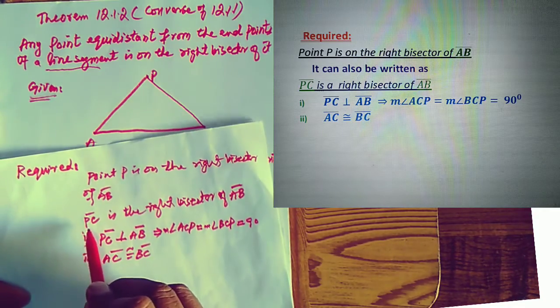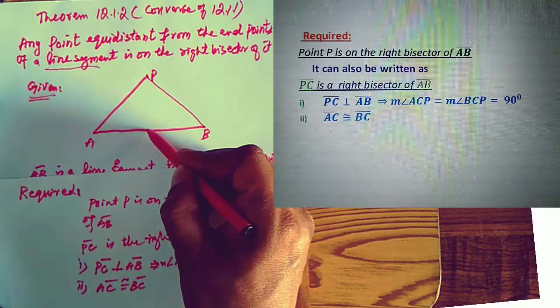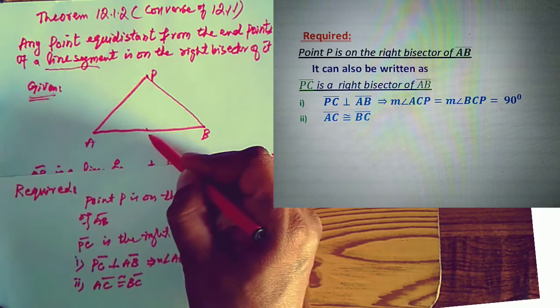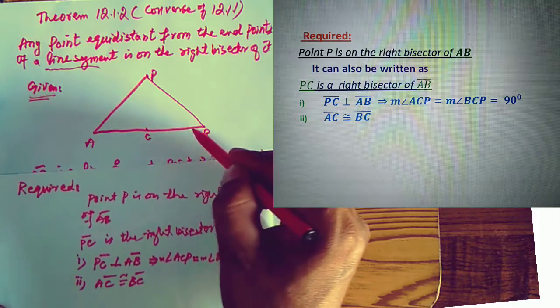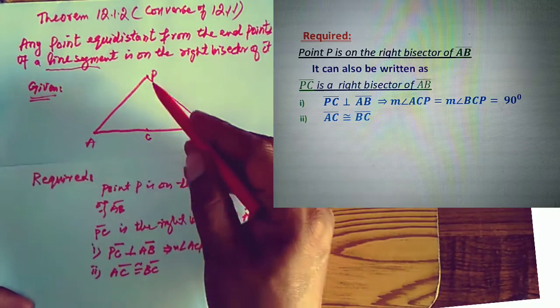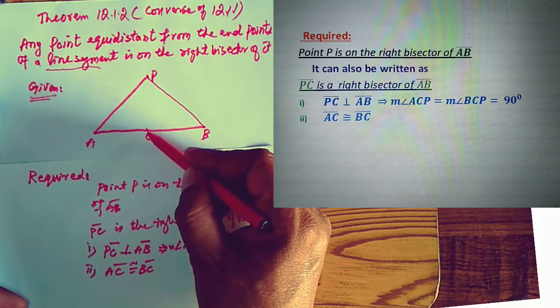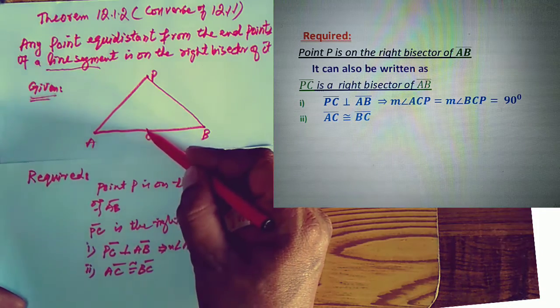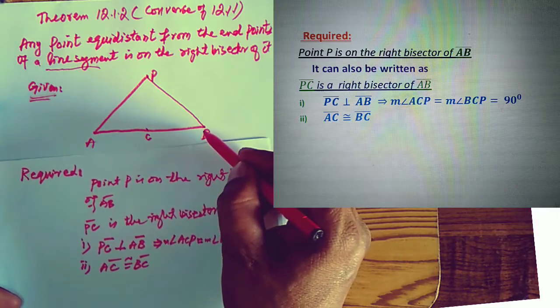It can also be written as: suppose we take point C on the line AB, which is the midpoint of AB, then PC is the right bisector of AB.